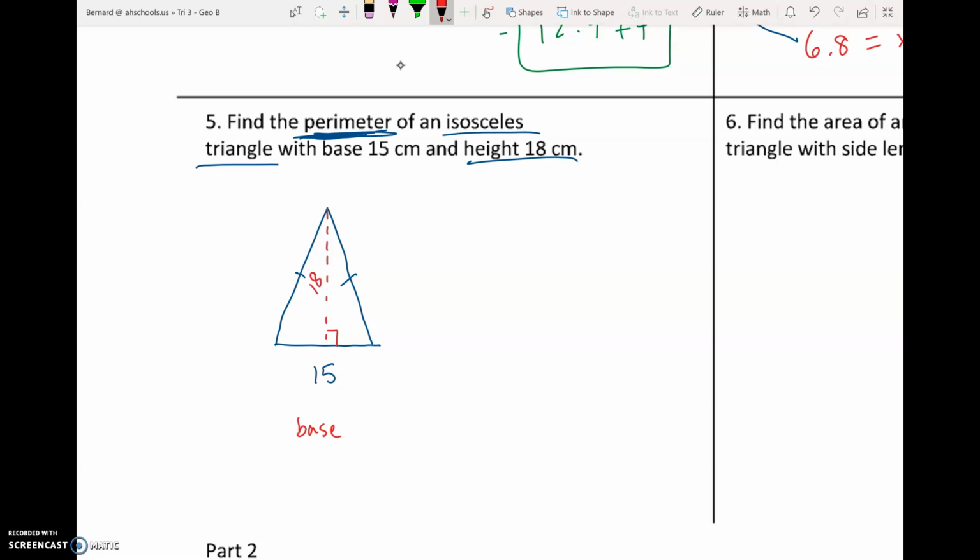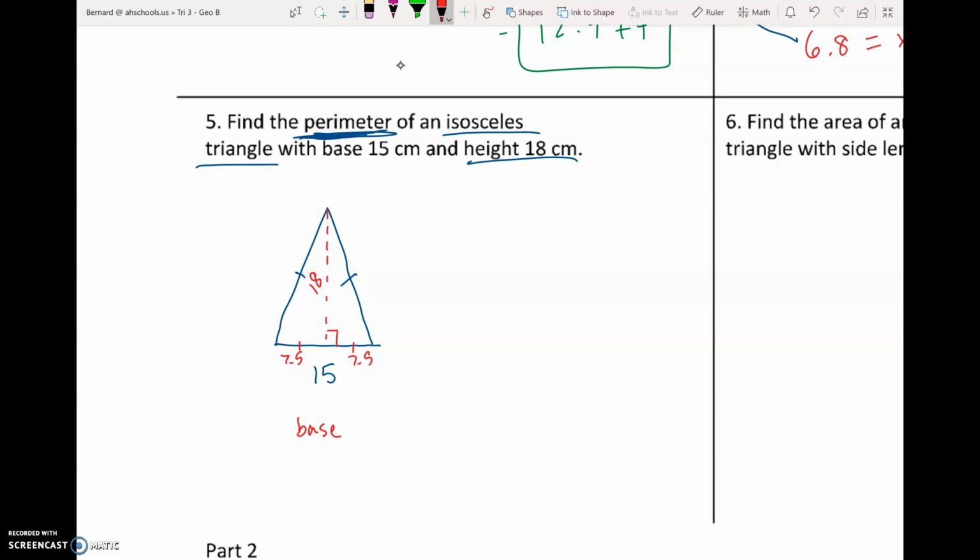And so our height is 8. Now, in order for us to find the other two sides, we need to know something about what this height in an isosceles triangle does to the base. It cuts this bottom side in half. And so even though the whole side is 15, each little piece of it gets cut in half by that height. So this side is 7.5 and this side is 7.5.